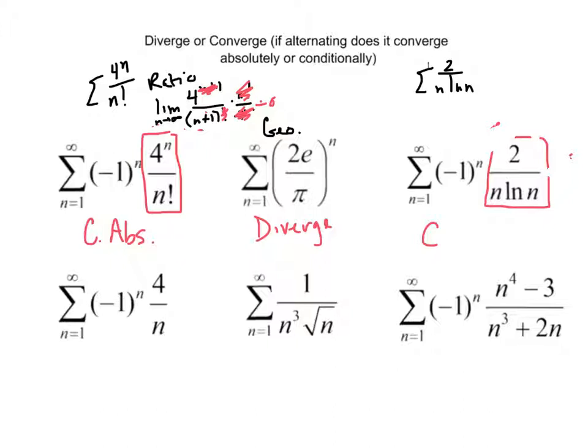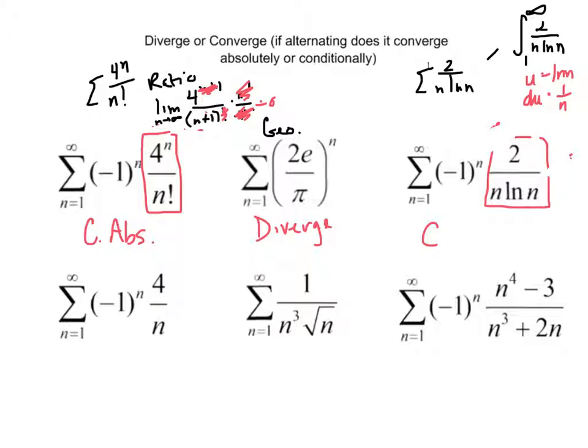Now this would actually be a great time to use the integral test, right? 2 over n natural log n, and we're going from 1 to infinity. Of course, we should rewrite it as a limit as b goes to infinity. If you did this improper integral by substitution, where u is natural log n and du is 1 over n, you're going to find out that it actually diverges.